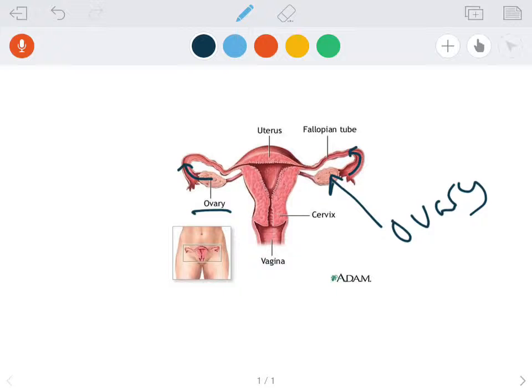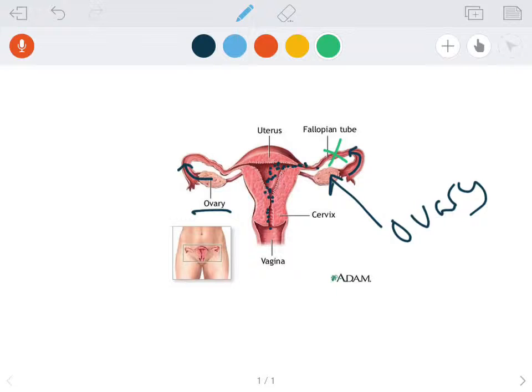As the egg goes down the fallopian tube, hopefully there will have been an injection of sperm, which are going to travel up the cervix and then the uterus and into the fallopian tube. And they are going to meet in the fallopian tube, hopefully, say around here. If that happens, there is fertilization.